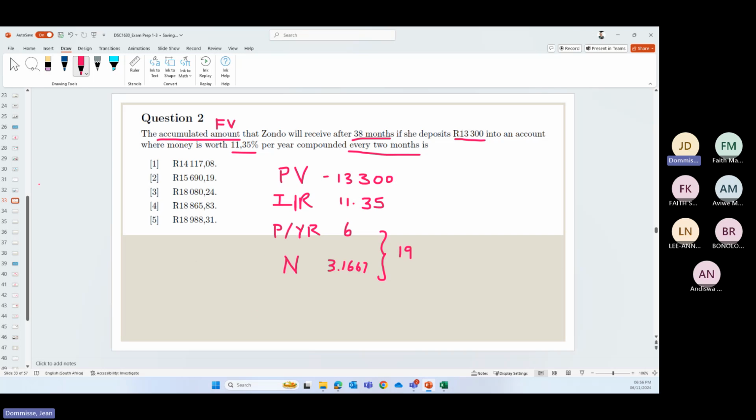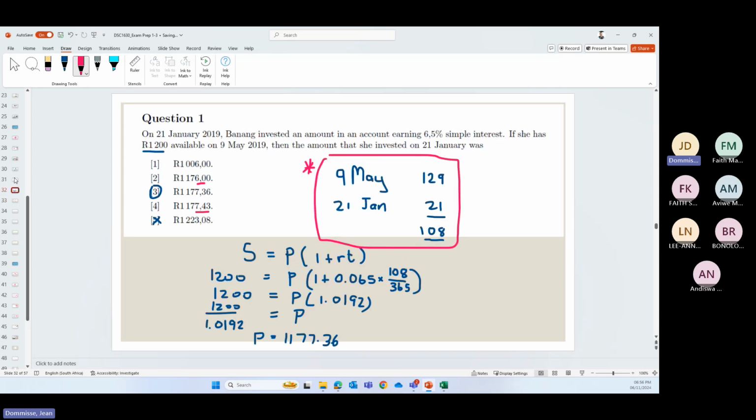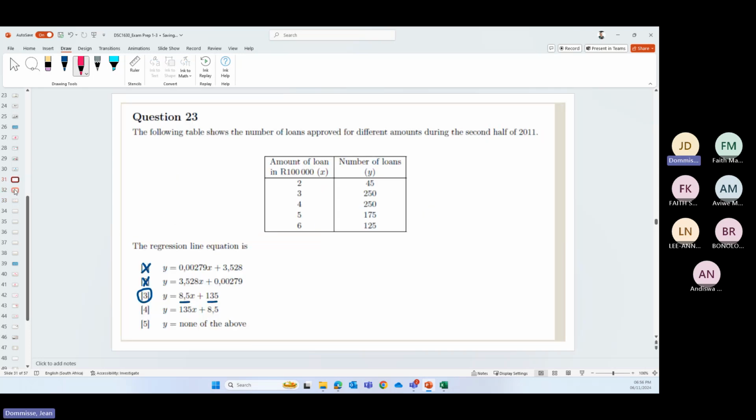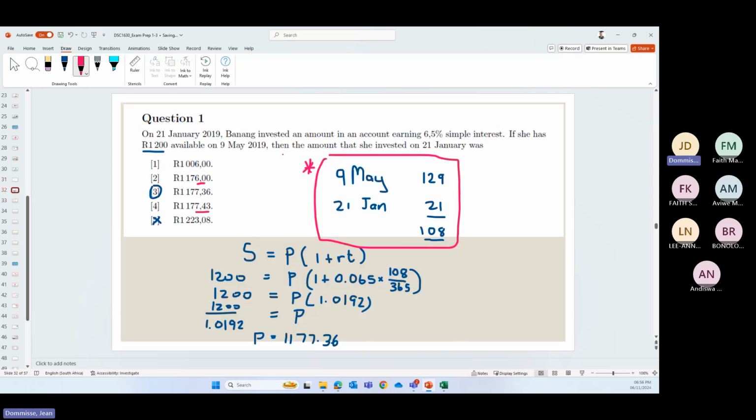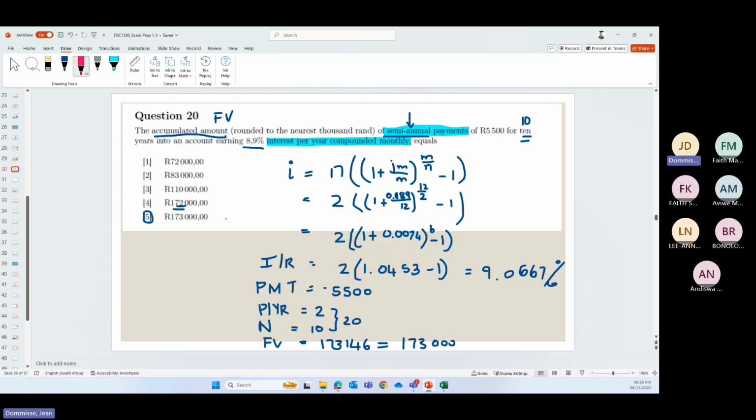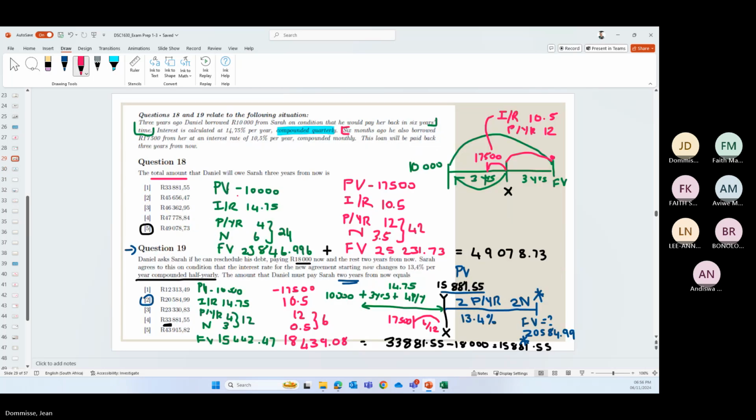The same when they talked about what was the initial amount, or where they talked about the present value. Never did they say what is the present value. They say what was it at the beginning.